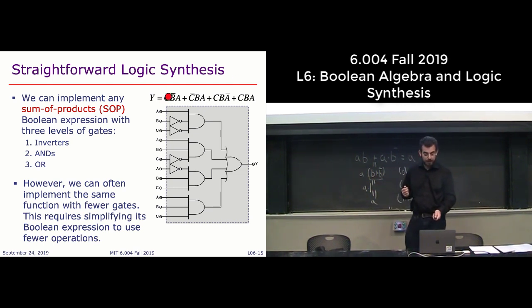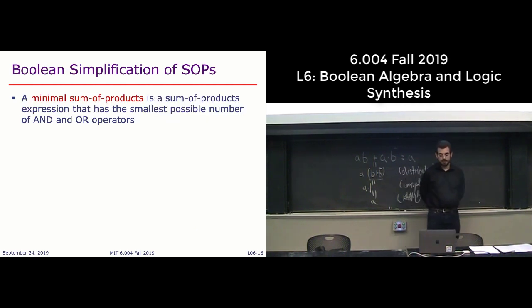And then each of these OR operations affects either the OR gate or the number of ORs that we're doing. So we want to, in general, simplify these expressions to reduce the number of operations that we're doing, and therefore the number and the complexity of the gates that we're using.